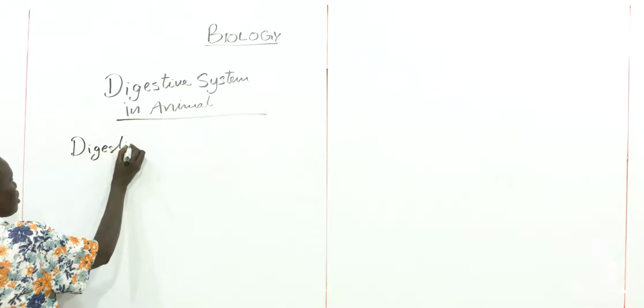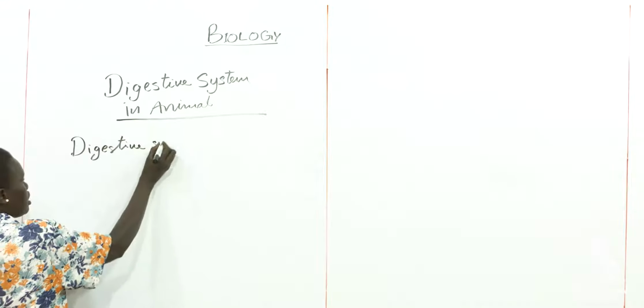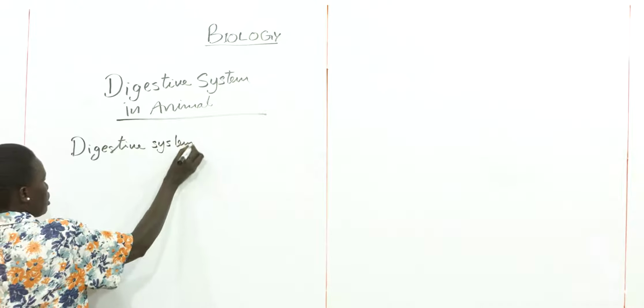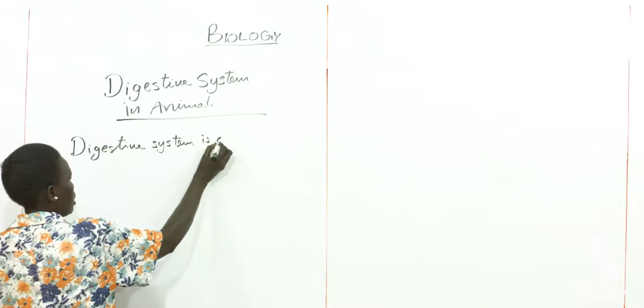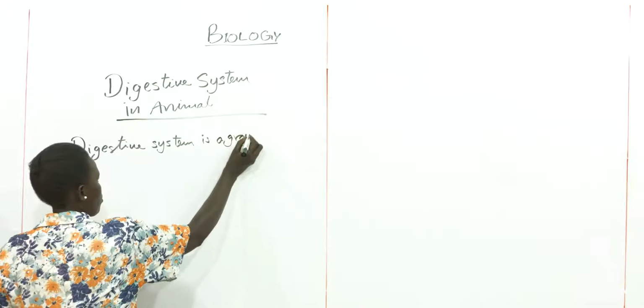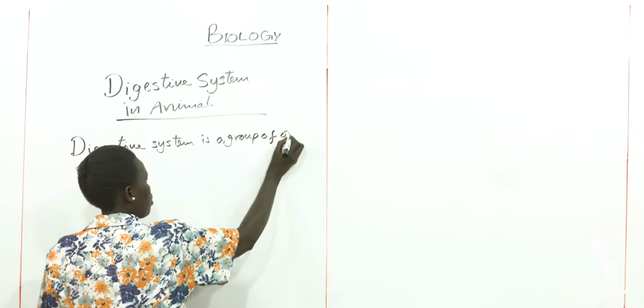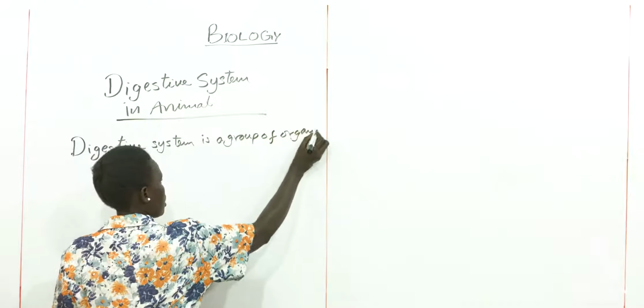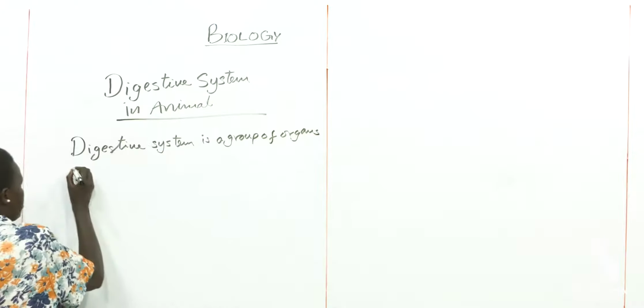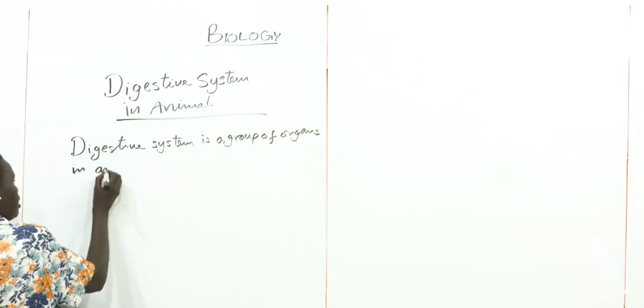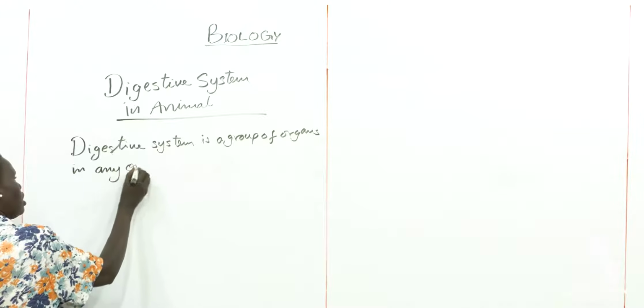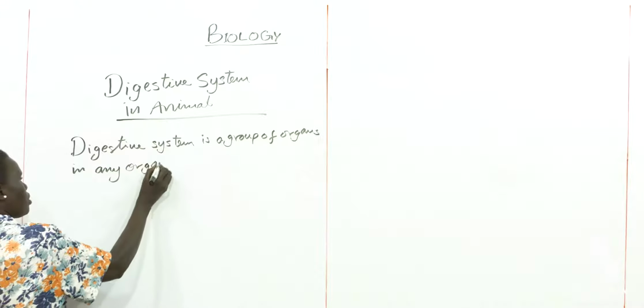Digestive system is a group of organs in any organism.